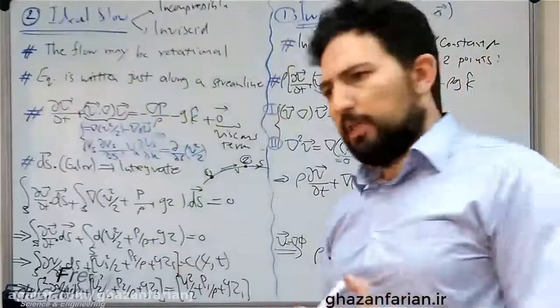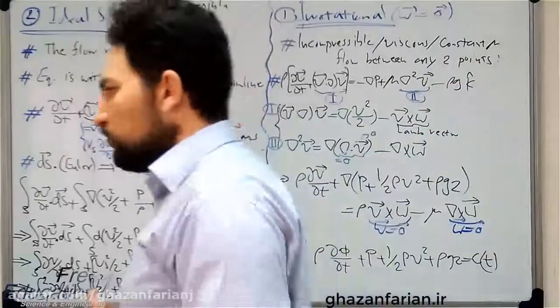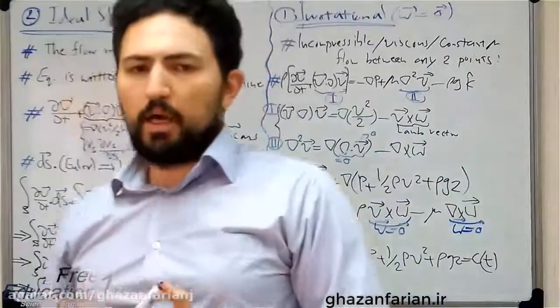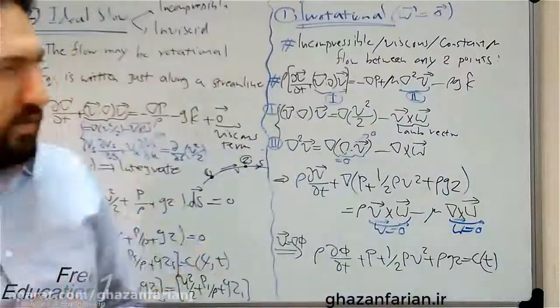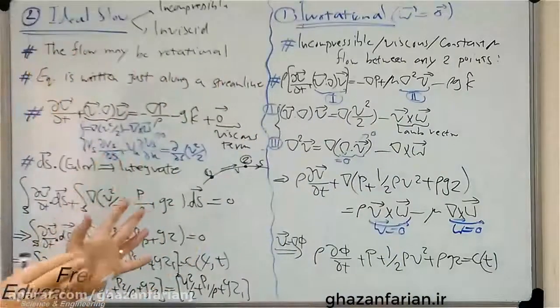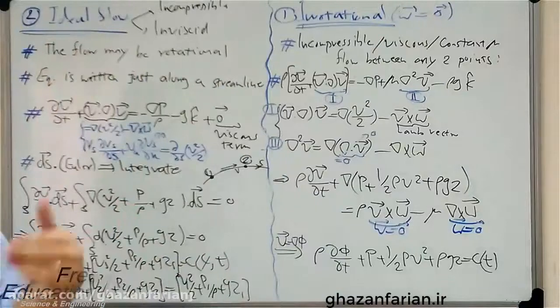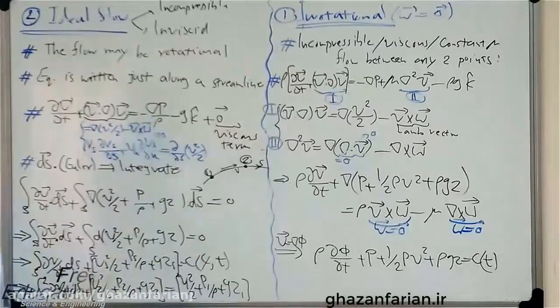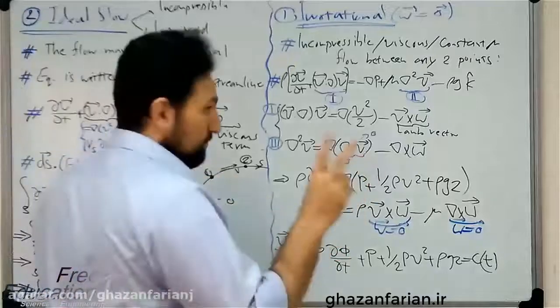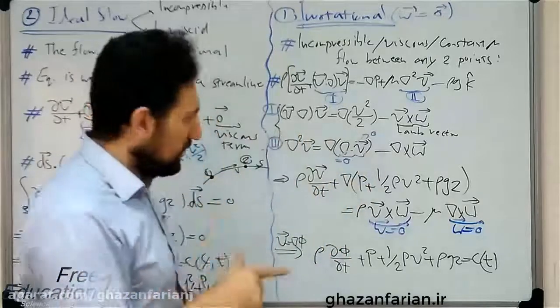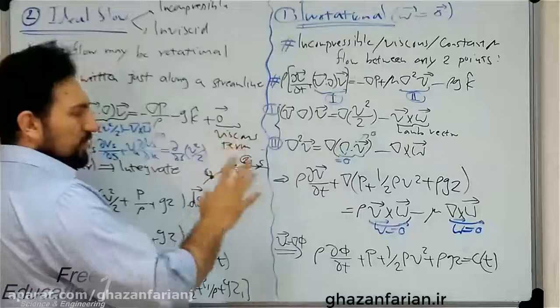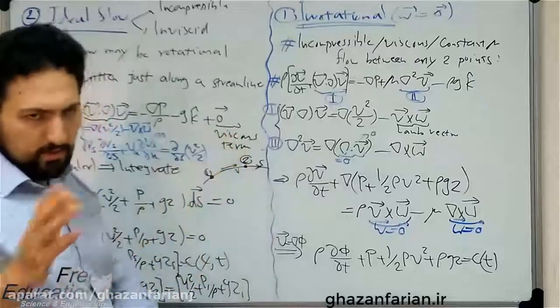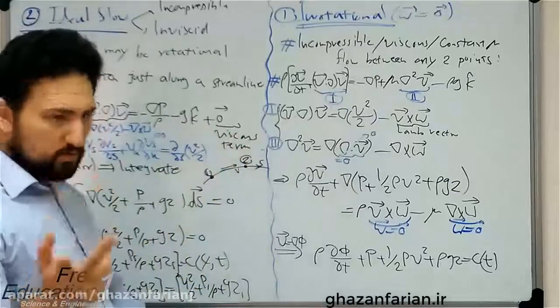Also, you may say that Bernoulli's equation can be written between two points located on a specific streamline. This version can be written between any two arbitrary points in the flow field. So we don't have the assumption of two points on a streamline here, and you can write Bernoulli's equation between any two points you want.